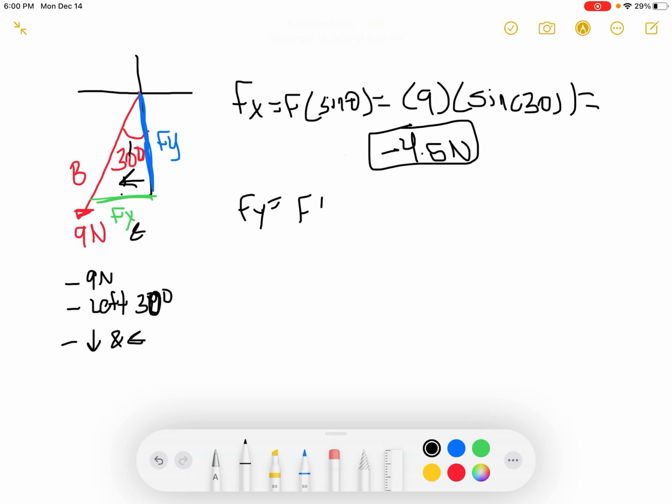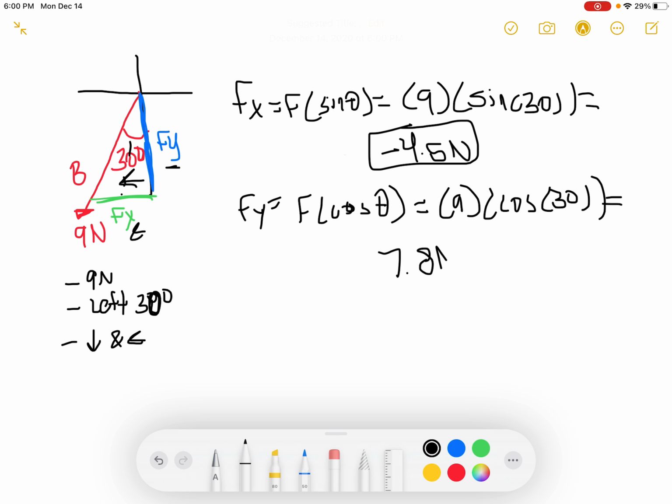Then we're going to use cosine for finding the y component because the y component is adjacent to the angle. Adjacent, by the way, just means beside it, basically. So 9 times cosine of 30. Once again, 7.8 doesn't change, newtons.